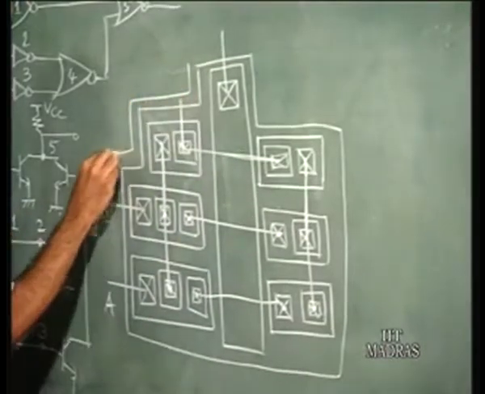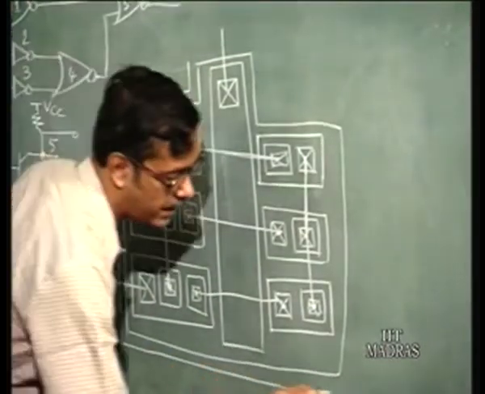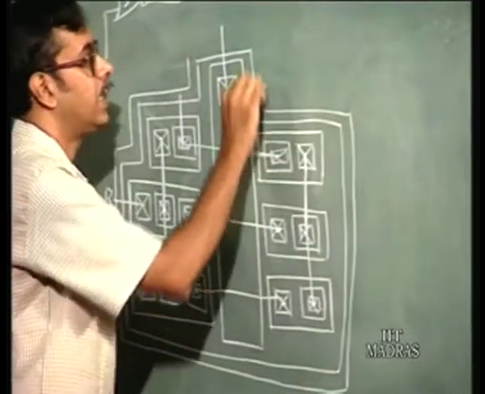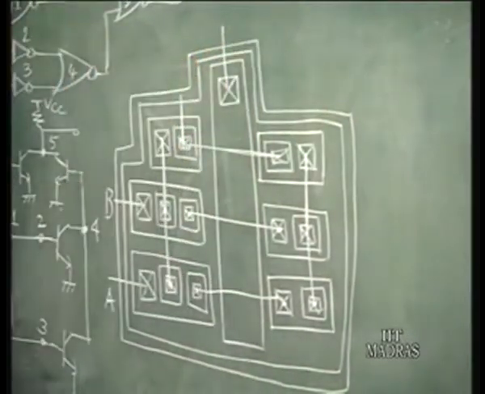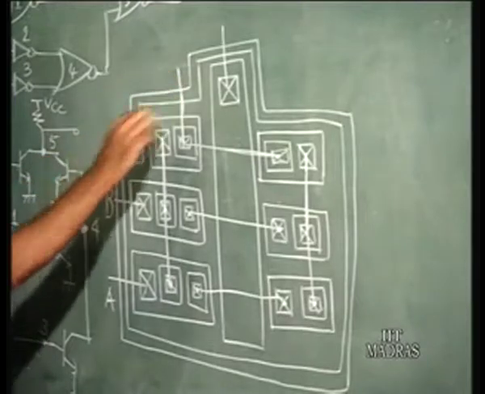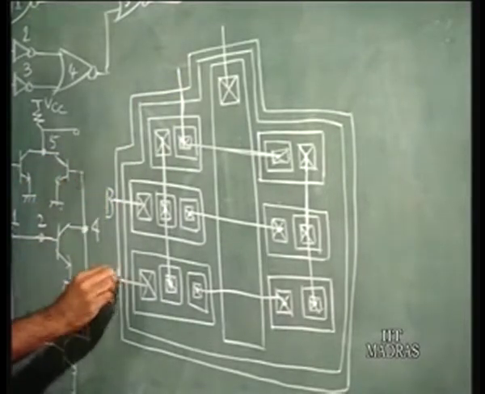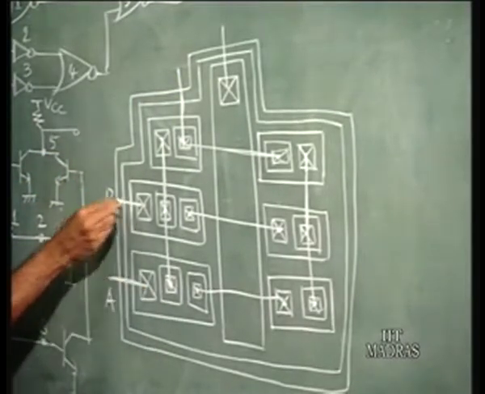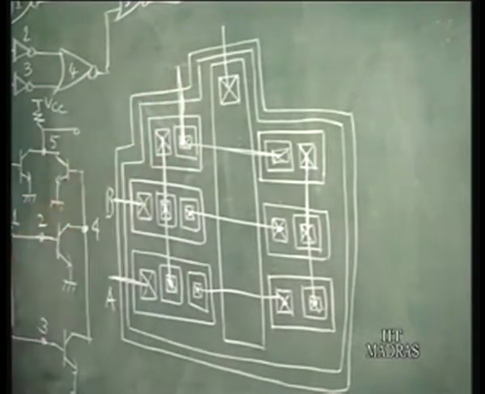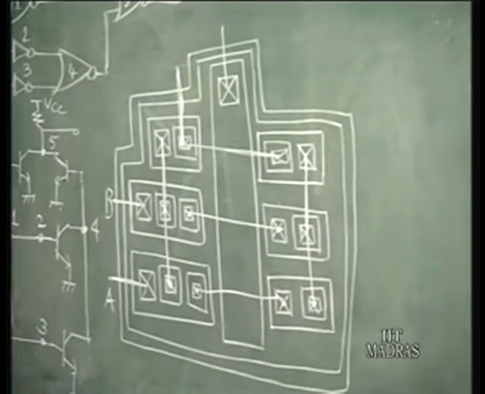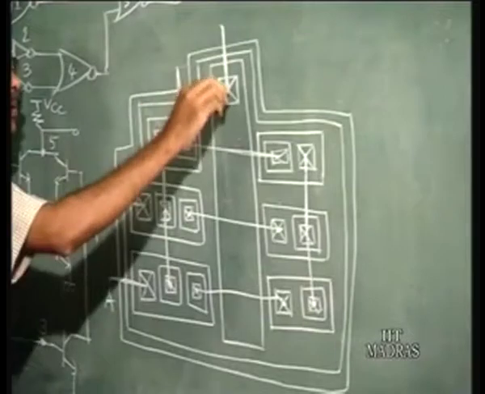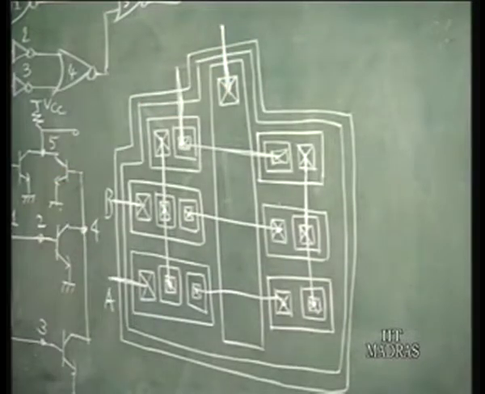So this is the N plus diffusion which acts as a guard ring, and you can have a common guard ring for the entire structure. So these are the two inputs you have. This is the output, actually the sum output, and this is the injector input which gives the input current to the system.